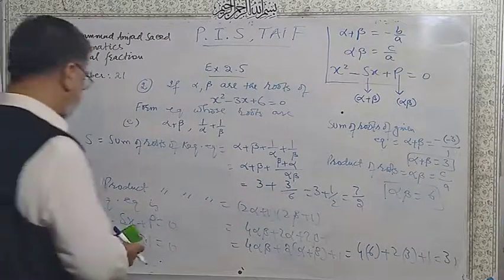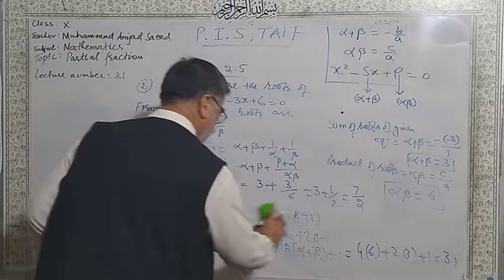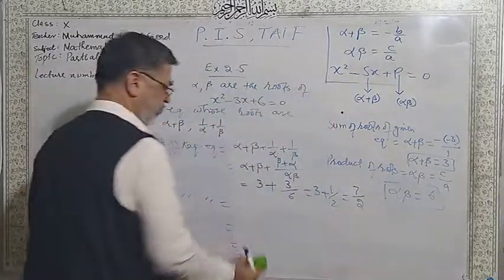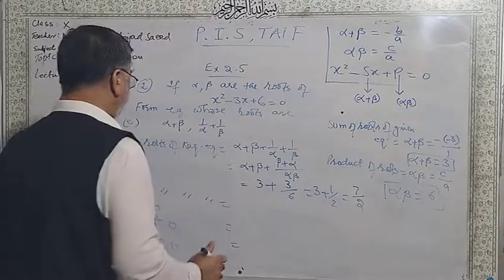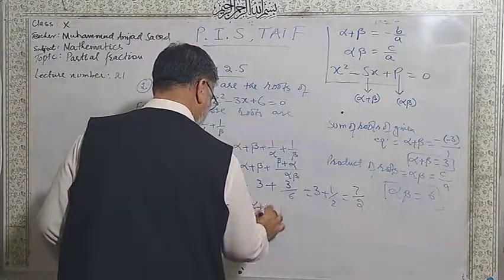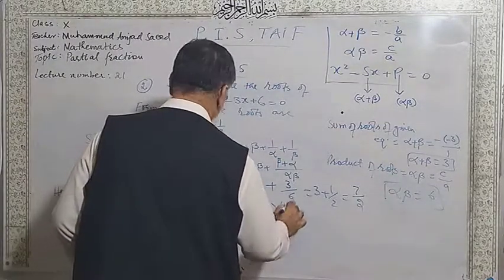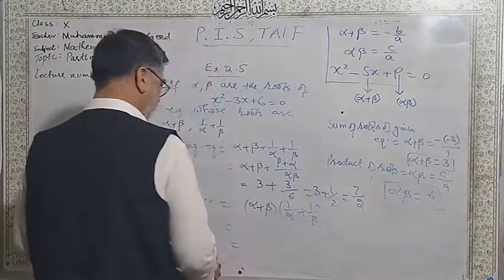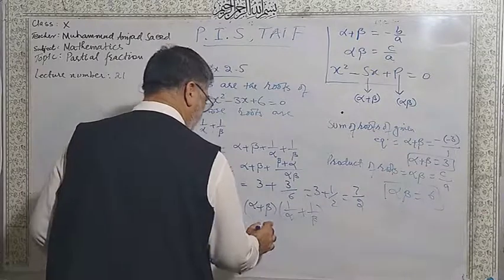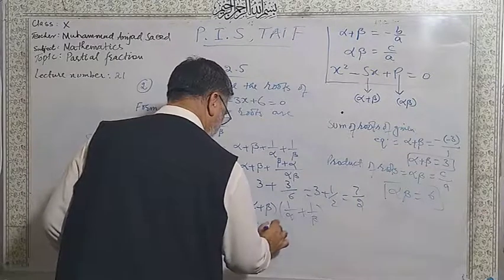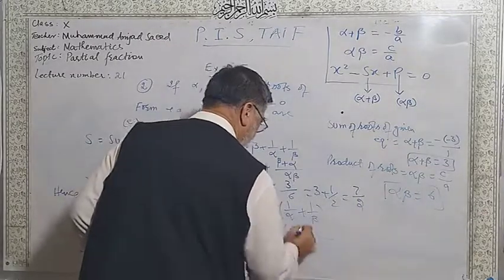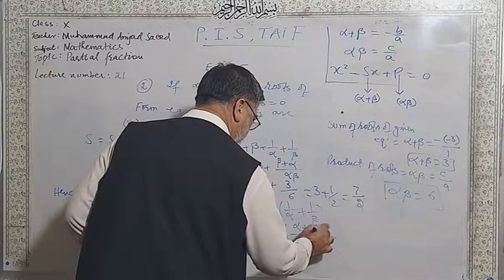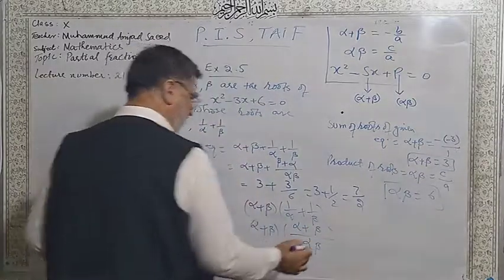And after that, product of roots. In case of product of roots, alpha beta into 1 over alpha 1 over beta. Here is alpha beta, alpha plus beta into, you can take alpha beta LCM, alpha plus beta or beta plus alpha, that is same thing.